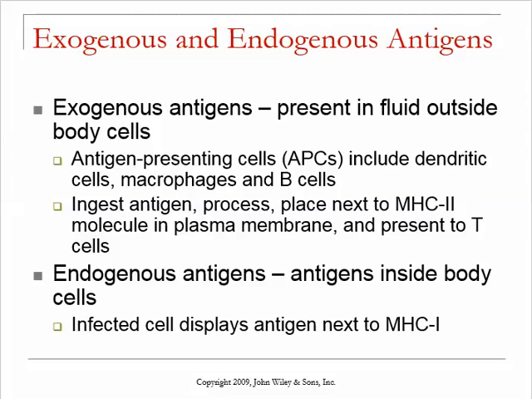And so that antigen becomes part of the MHC2s, class 2, in the plasma membrane, and that's what presents to the T cell and sets it off. The endogenous antigens are the ones that get inside body cells, and fragments of the antigen get displayed with the MHC 1s, and they basically say, oh, I'm infected, something's wrong with me, come kill me.